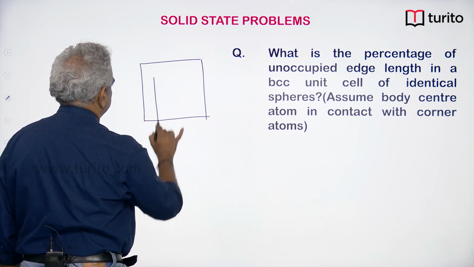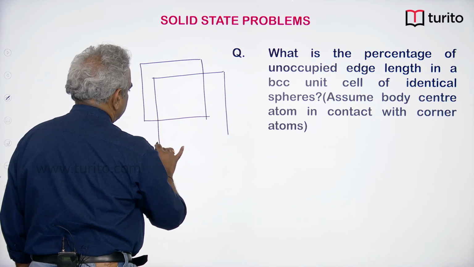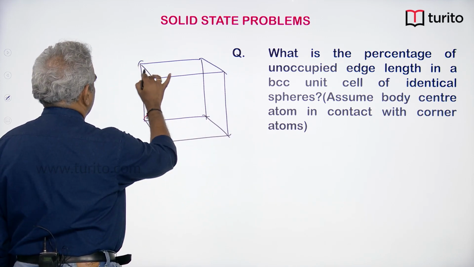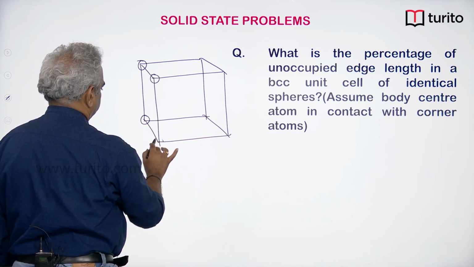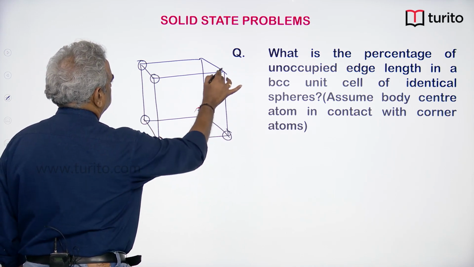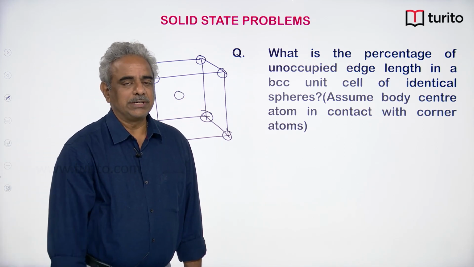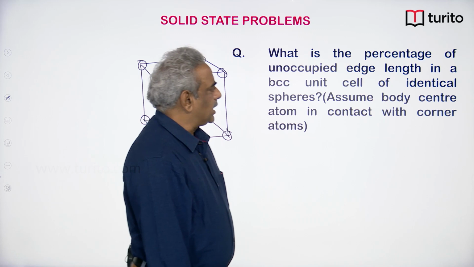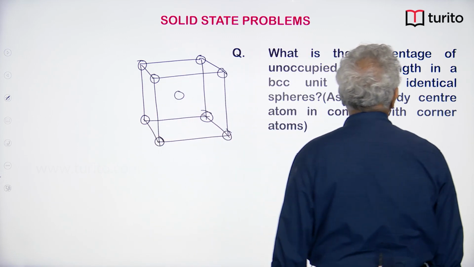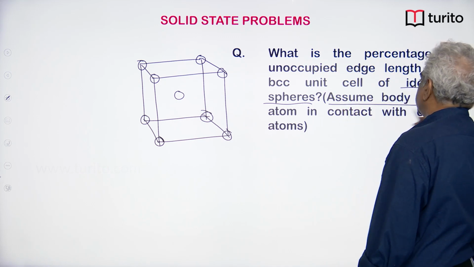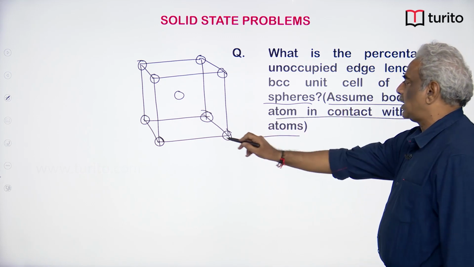BCC means what? Corner atoms and body center atom. This is BCC unit cell. All are identical spheres. Assume that body center atom is in contact with corner atoms.